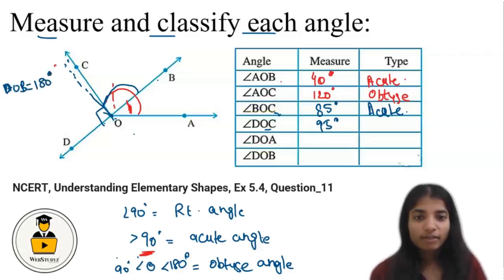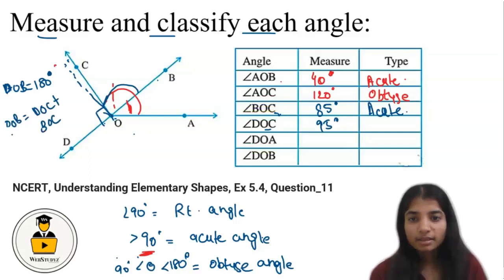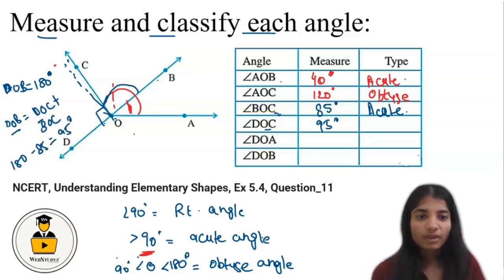We just calculated BOC as 85 degrees, and DOB equals DOC plus BOC, so DOC is 180 minus 85, which gives 95 degrees. 95 is greater than 90, so this is an obtuse angle.